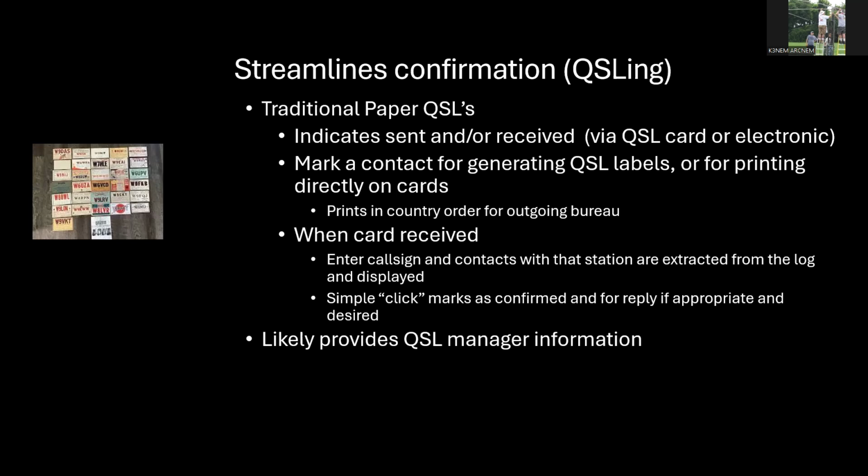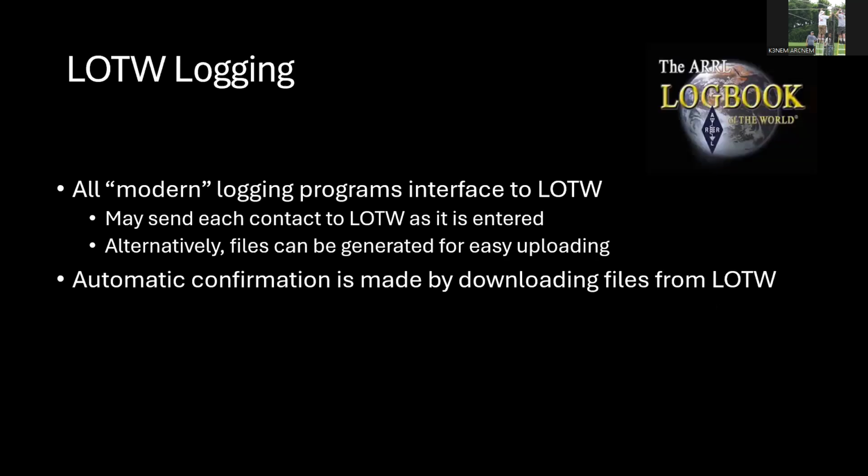And if you want to mark it as confirmed, you just click a button on the screen, and it'll mark it for confirmation, and it'll know if you've already sent him a card, and won't generate a label. But if you haven't sent him a card, it will generate a label if you want it to. And if they're QSL managers, if you remember when we talked about QSLing, there are sometimes managers handling the cards, and the programs generally know about that too.